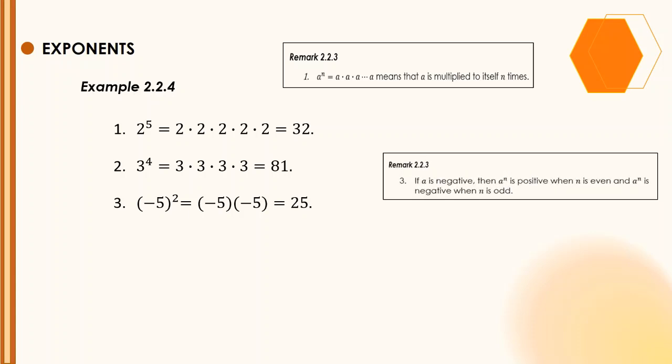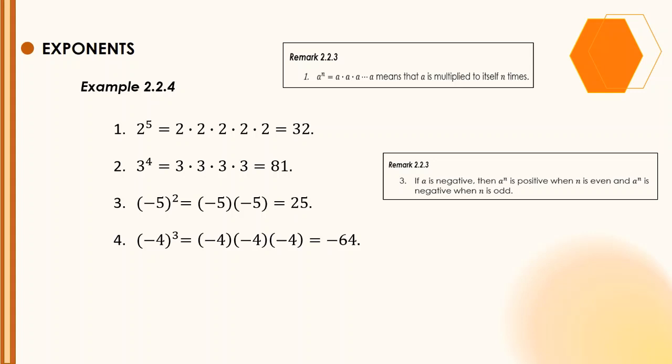Based on remark 2.2.3 number 3, pag yung a mo is negative at yung exponent niya is even number, dapat positive ang result. So, dito, ang a natin is negative 5 at ang exponent natin is 2, an even number. Kaya positive ang result which is 25.